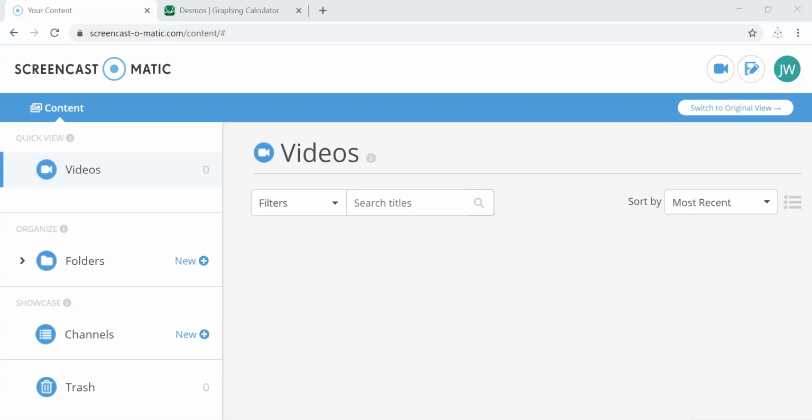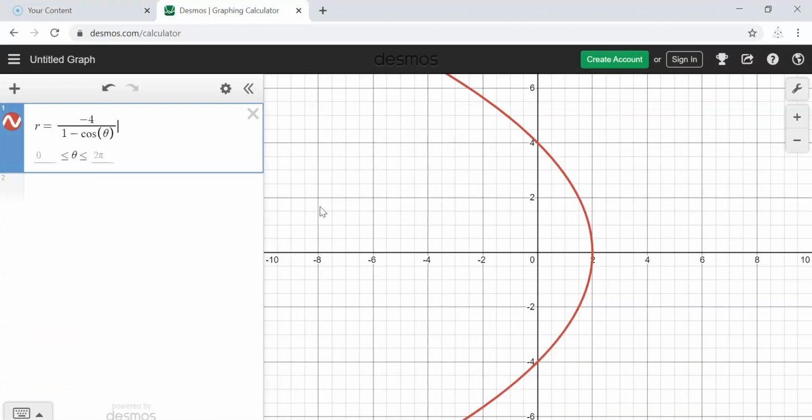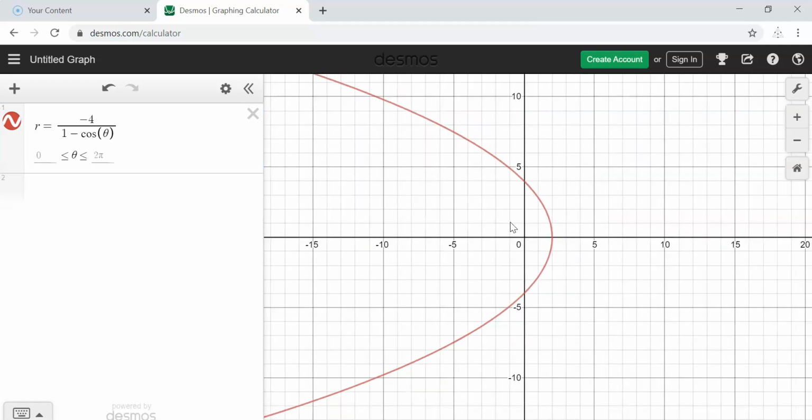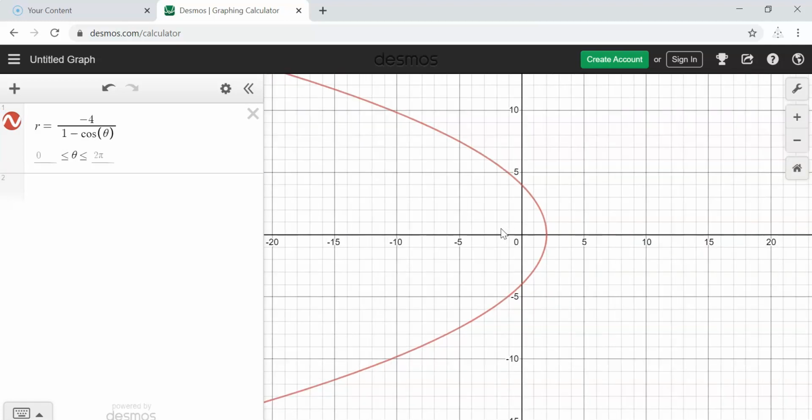I have already graphed this: r equals -4 over 1 minus cosine theta. And you can see here that you do get the parabola I was talking about. If you follow a point on this parabola, it comes from over here at theta equals 0, where the equation is undefined.